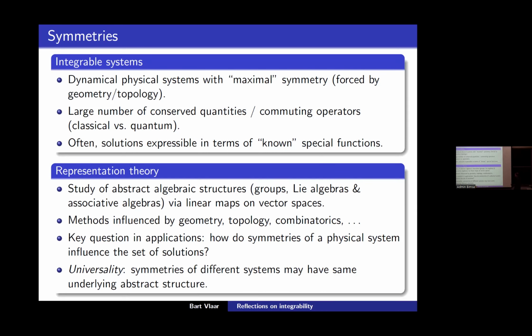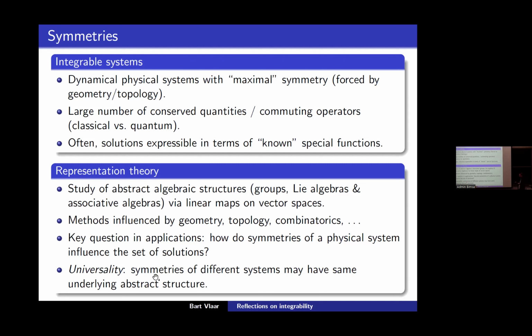When you're talking about applications, a key general question that you want to answer is, how do the symmetries of a physical system, which form a group or some algebraic structure, influence the set of solutions? And the final comment, which I'll come back to, is that you may have different systems, but their symmetries may have the same underlying algebraic structure.